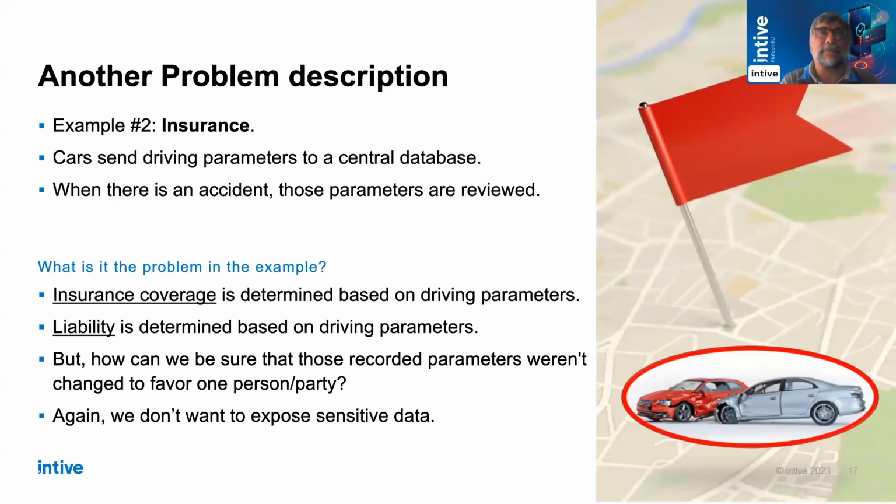Now, as we can see, our master audit tool can be applied to several other examples. In this case, I'm just going to mention the insurance case. Let's say we have an insurance company that provides cars with IoT solutions, and these solutions sense car driving parameters while the car is moving, for example, the position of the car and the speed.